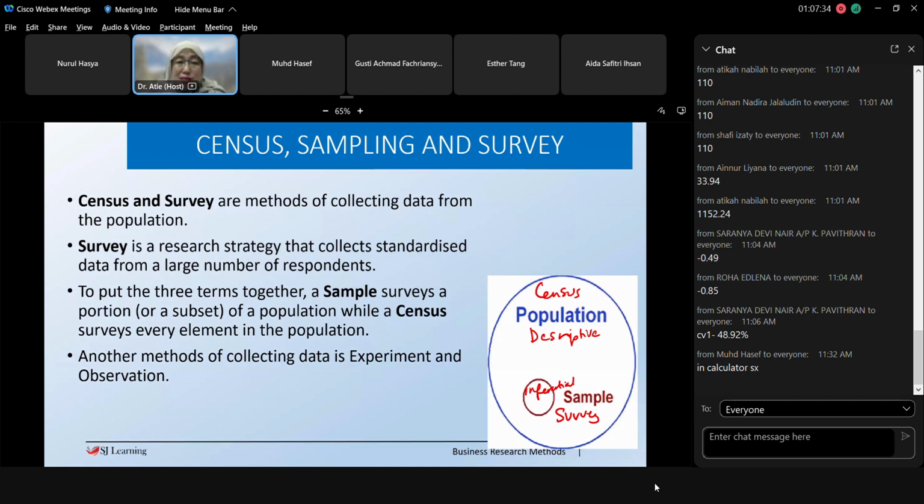What does it mean by sampling? The words sampling and census have two different meanings. A sample is a part of your population. Sampling is the process of taking a sample from your population. That's what we call sampling.